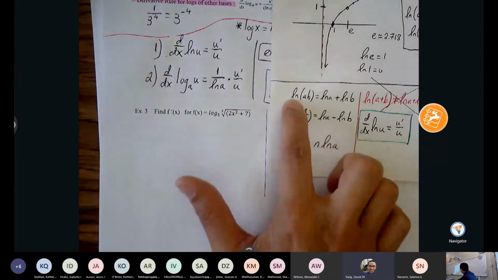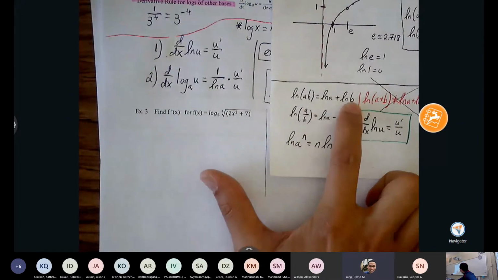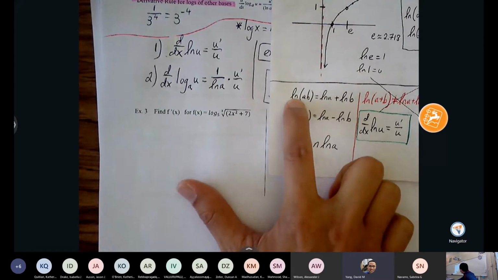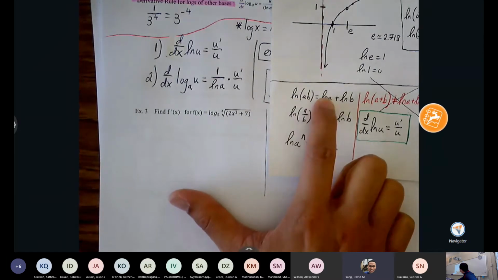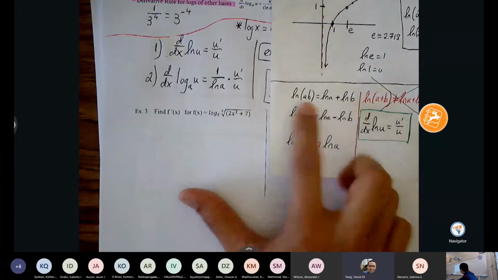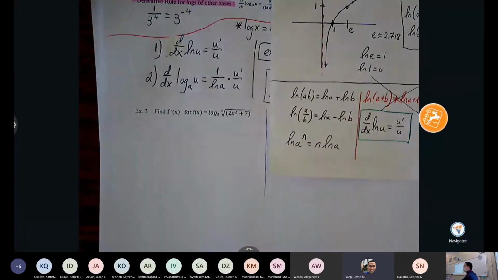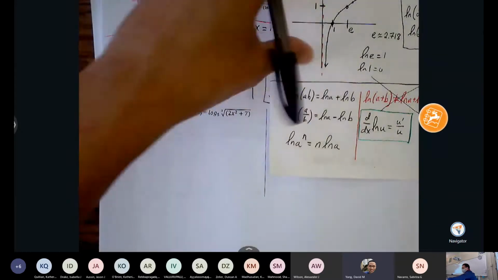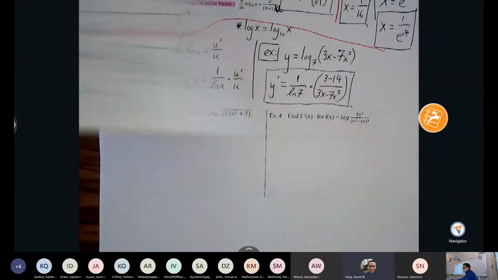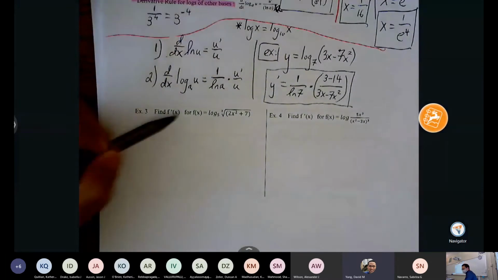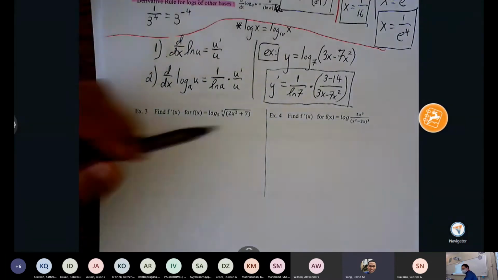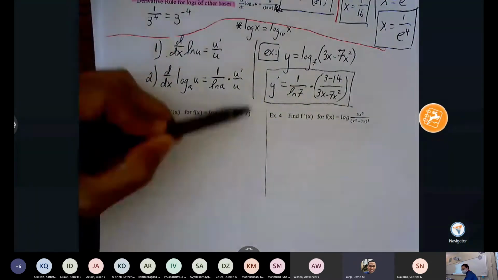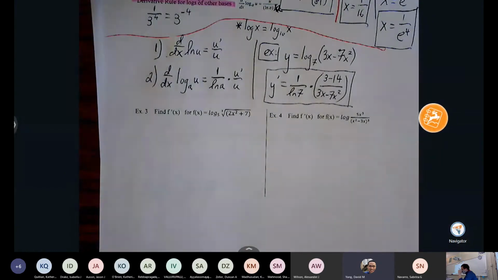So natural log of AB can be expanded to natural log of A plus natural log of B. Same thing, log base 3 or log base 5, log base 6 of AB is equal to log of that base of A plus log of that base of B. So all these properties still stand for non-base E logs. So I just want to kind of remind us of that. So if we look at example 3, it's not base E, but we can still look for expansion things that we can do so that our derivative is easier.